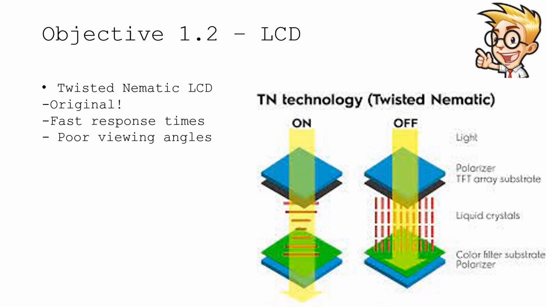Unfortunately, these displays often have very bad viewing angles, which means once you get off to the side of the display, you notice there's an inversion of the color. If you want the best possible view of a TN LCD, you need to be looking directly at the display.